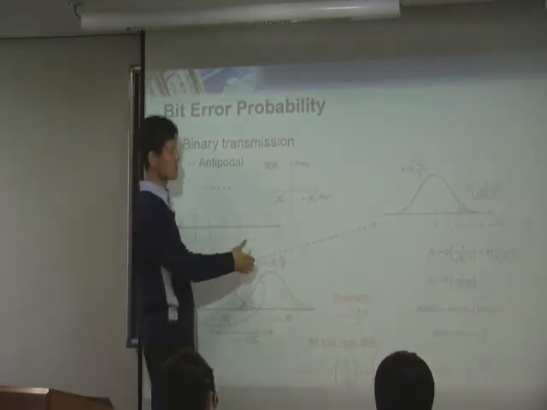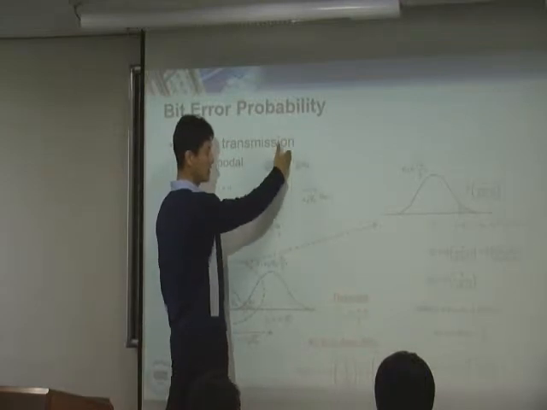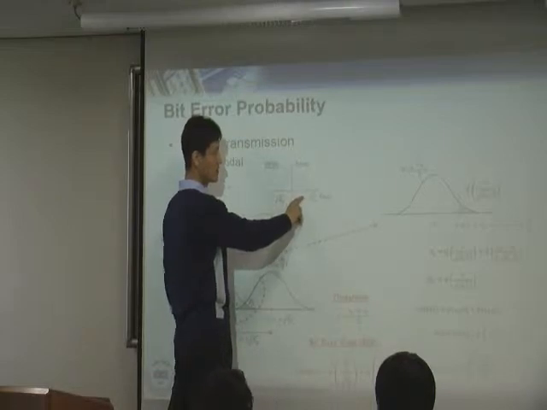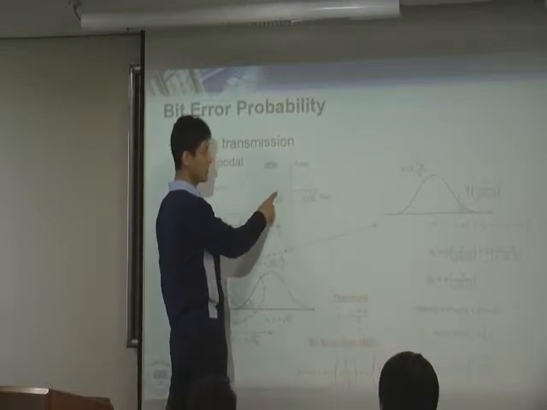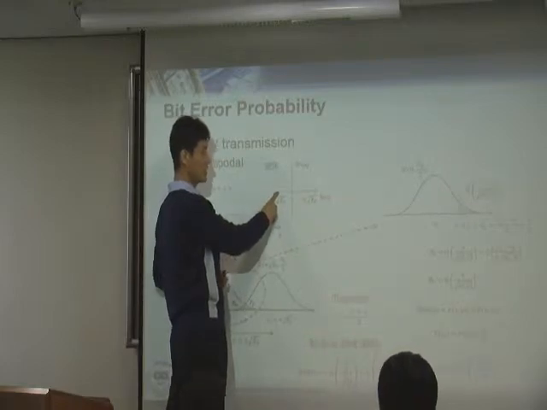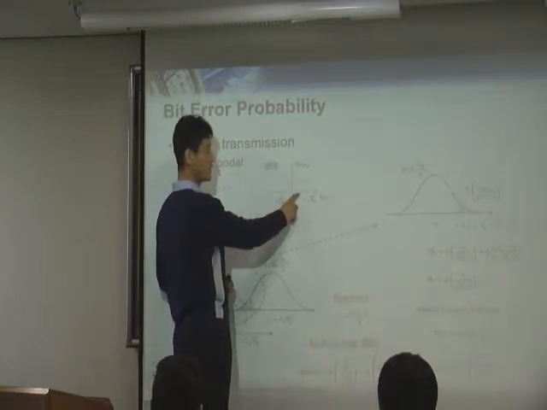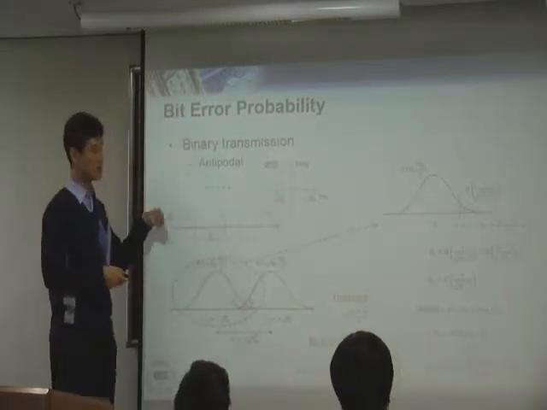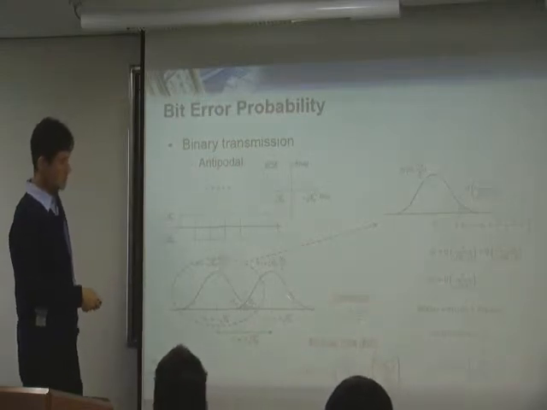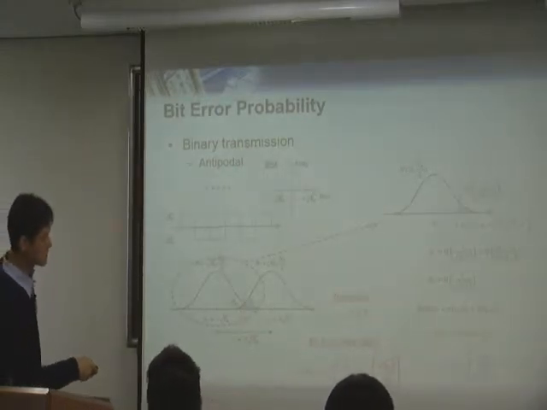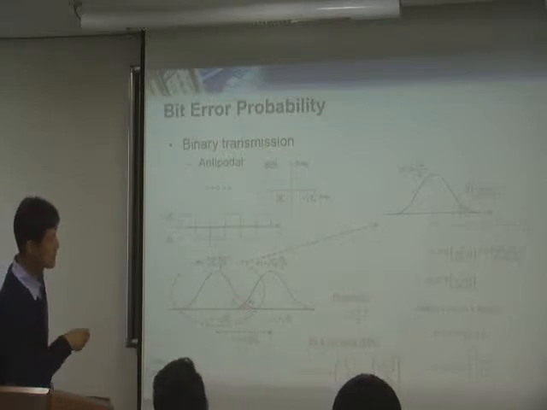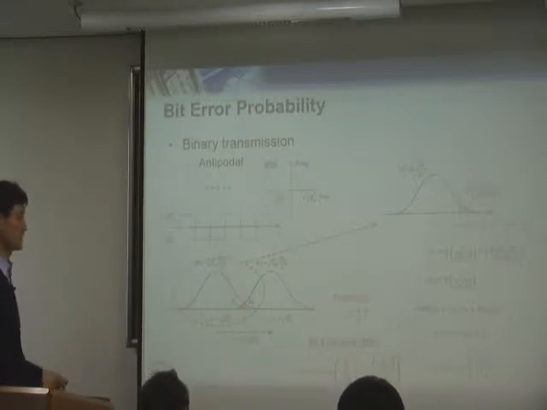Because when you do the detection for BPSK, we cut it here in the half, and whatever is received on the right side, we consider as this symbol. So if you transmit this one, and because of the noise it is received right here, it is considered as this one by the receiver, so that is the error. This picture basically shows you the error probability. This red area and this blue area is the probability of such errors.